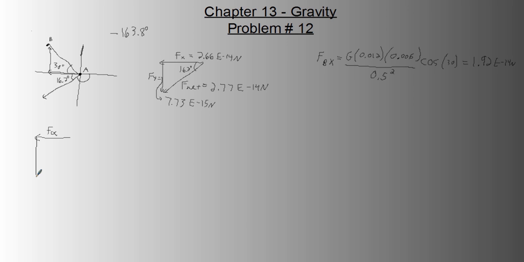So Fc is going to go in that direction somewhat. So when we get our final answer, because we're looking for the x and y position, we know that the particle must be over to the left and down in order to pull A that way.